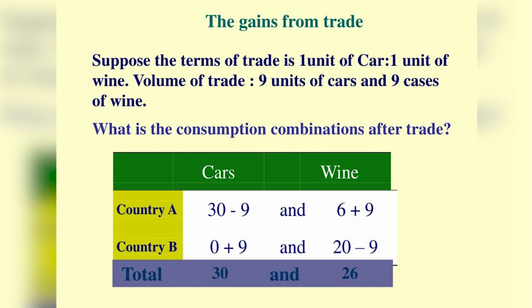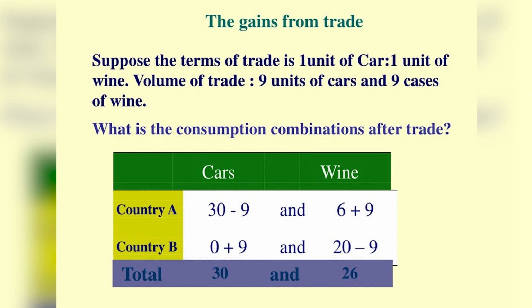Suppose the terms of trade is 1 unit of car to 1 unit of wine. The volume of trade is 9 units of car and 9 cases of wine. What is the consumption combination after trade? In case of country A, the car becomes 30 minus 9, and wine becomes 6 plus 9.